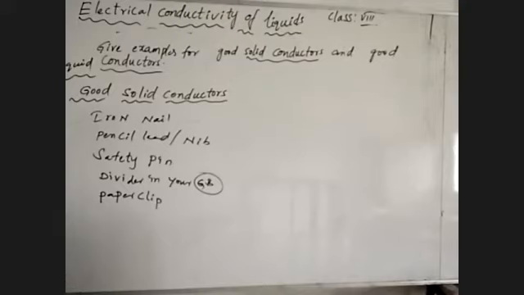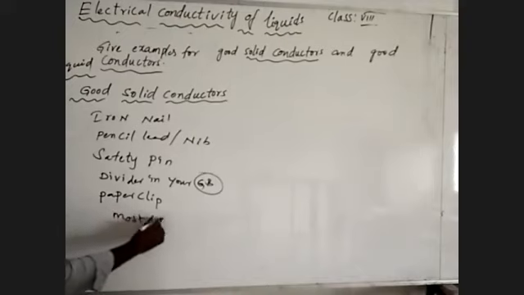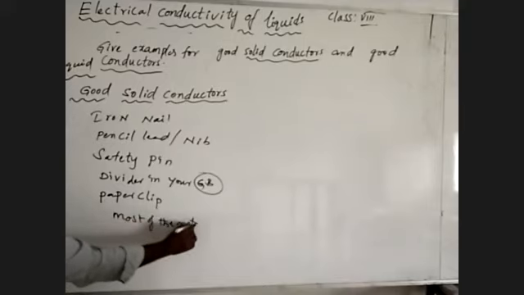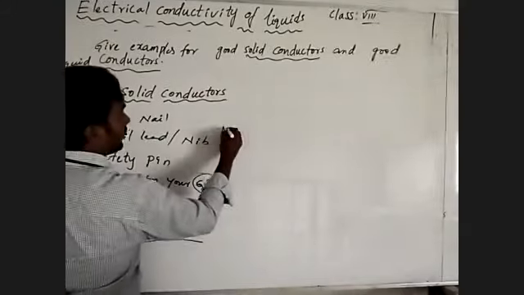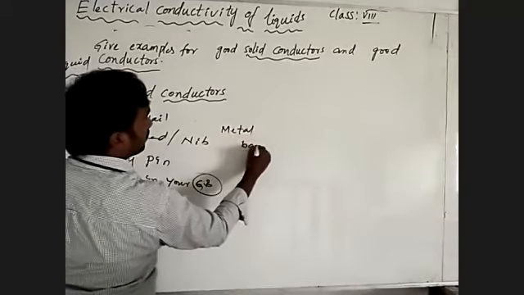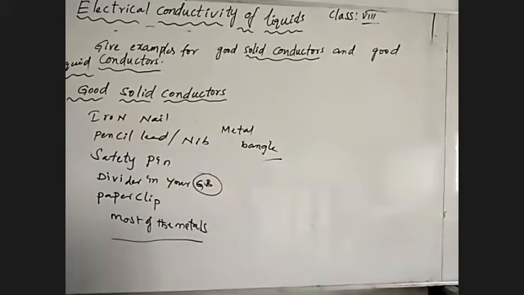Most of the metals we can consider: a piece of metal sheet, a metal bangle, metal chains, different things are there. Okay, coming to that, good liquid conductors.